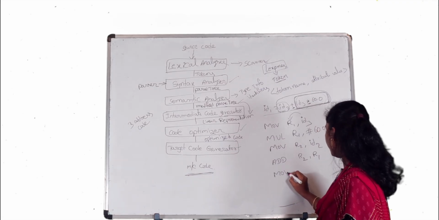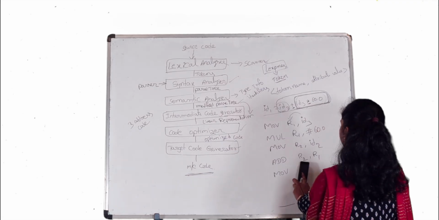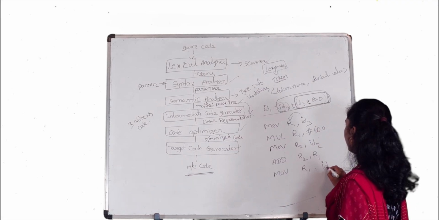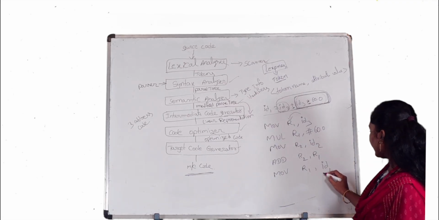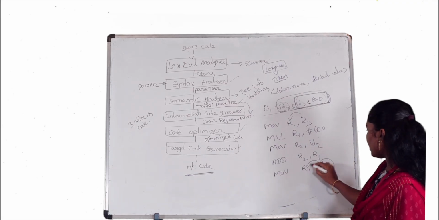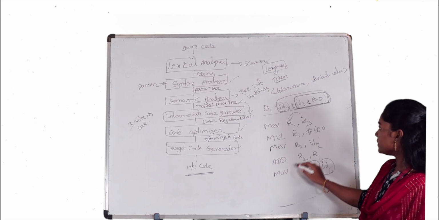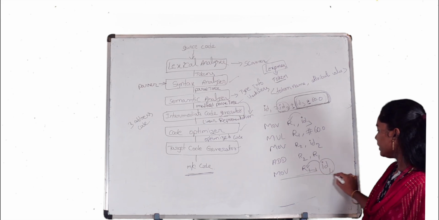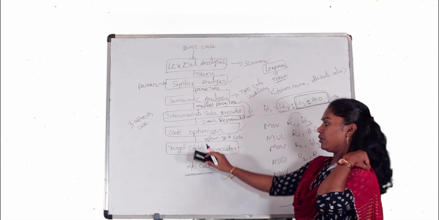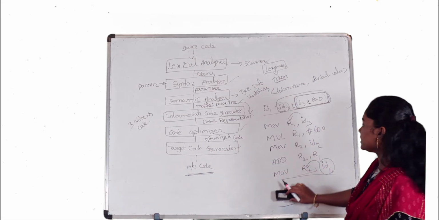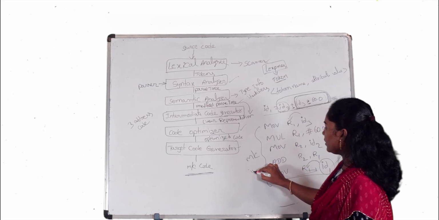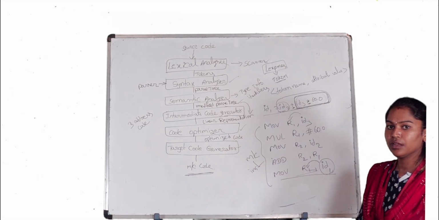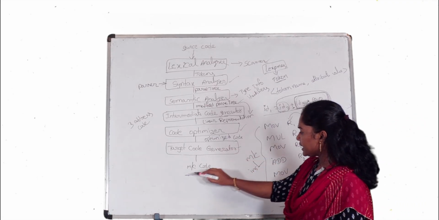Finally, move R1 comma ID1, so the entire result is stored from the R1 register into ID1. That is the role of the target code generator. These instructions we call machine instructions.